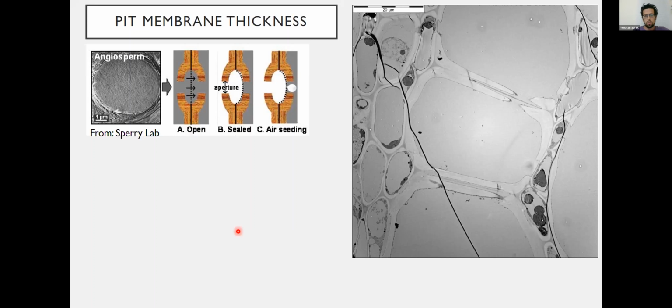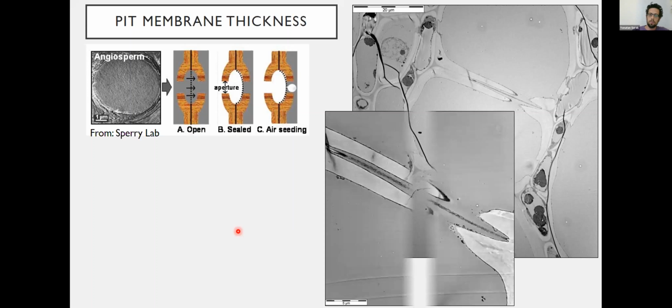So to do that, we collaborated with Dr. Steven Jansen in Germany: we took branches three times in the season and sent them to him, and he measured them for us.